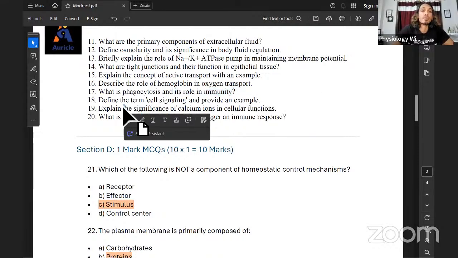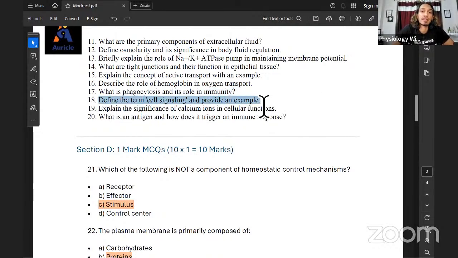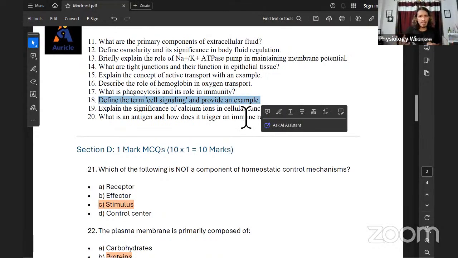Okay. Define the term cell signaling. So what is cell signaling? The way a body cell responds. Okay, so some stimulus or any changes there, or chemical mediator, whatever it is, or cell-to-cell signaling, no matter what it is, how a cell responds by using certain signals which are present either on the surface of the membrane or inside the membrane.